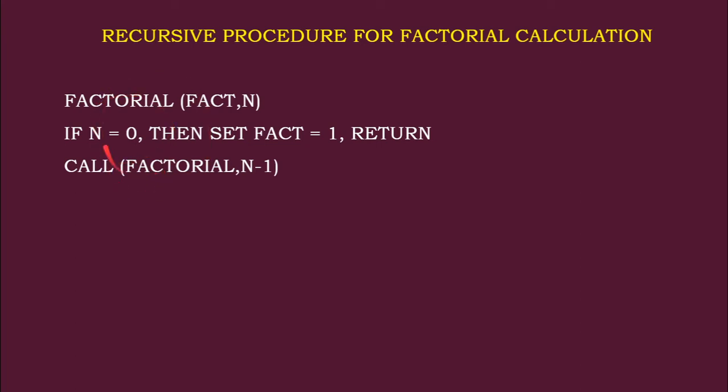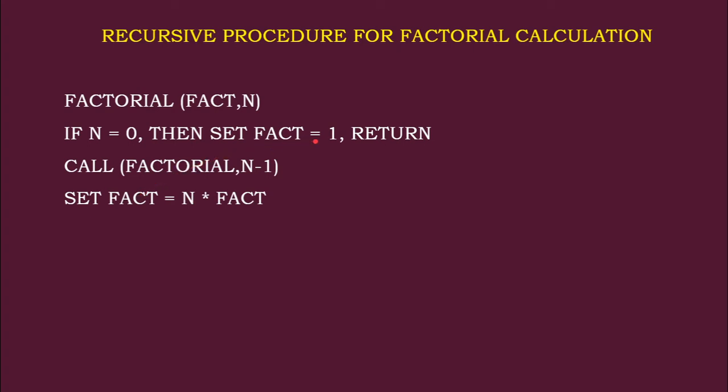A function calling itself successively is called a recursive function. So this factorial is the name of the function. This is the call of the function. So the function call is made within the same function with the parameter n minus 1. Initially n, and then when it is called it will multiply n into n minus 1, and then the answer will be stored into the variable fact.